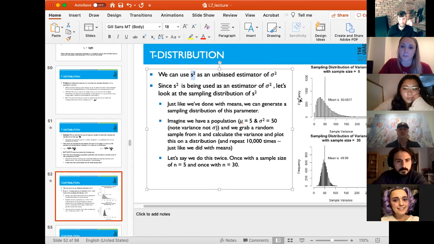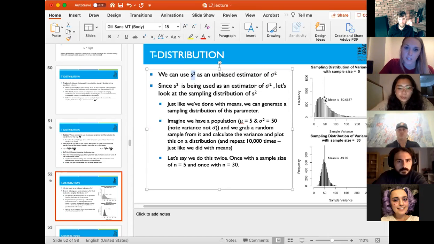So the sampling distribution of our sample standard deviation or sample variance, you can see here how it's slightly pulled out to the right, so it's slightly skewed. I know this is probably a very confusing chart because this is the distribution of the sample variance, the sampling distribution of that.